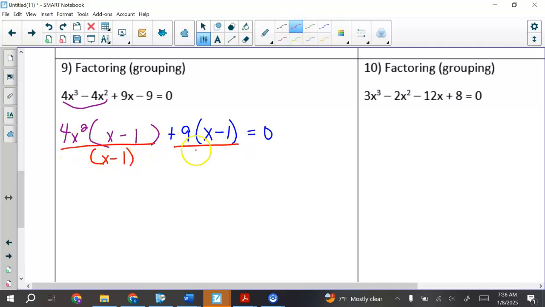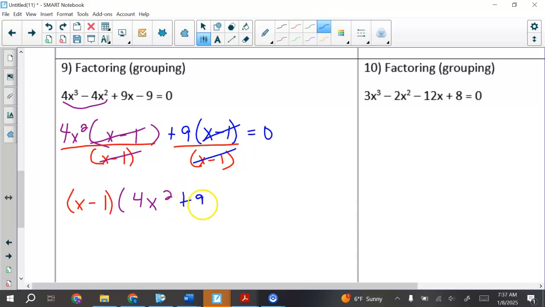So we're going to pull that x minus 1 out front. So go x minus 1. And then what would we have left? So if those cancel, we'd have 4x squared. And then over here, if those cancel, we'd have plus 9.